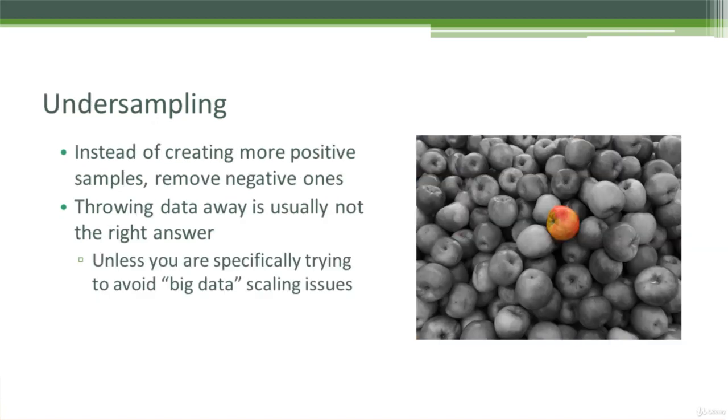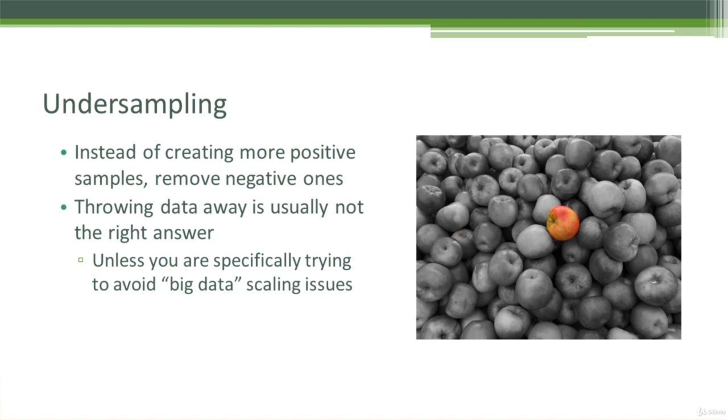The other way you can go is undersampling. Instead of creating more of your minority cases, remove the majority ones. So in the case of fraud, we'd be removing some of those non-fraudulent cases to balance it out a little bit more. However, throwing data away is usually not the right answer. I mean, why would you ever want to do that? You're discarding information, right? The only time undersampling might make sense is if you're specifically trying to avoid some scaling issue with your training.